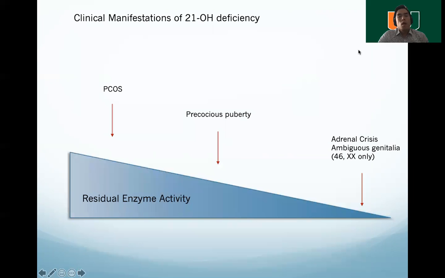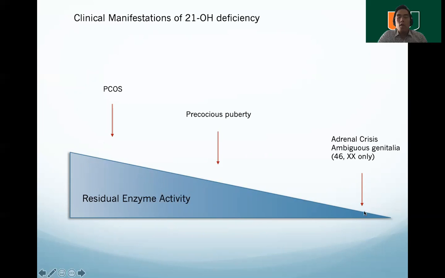Now, what makes it more difficult is that there's a spectrum of phenotypes in 21-hydroxylase deficiency. If there were only one phenotype, it would make our lives easier. But this disease is a spectrum of clinical manifestations, depending on how much residual enzyme activity you have left.